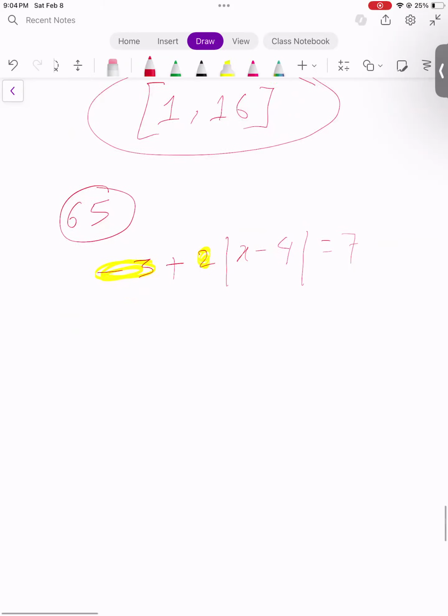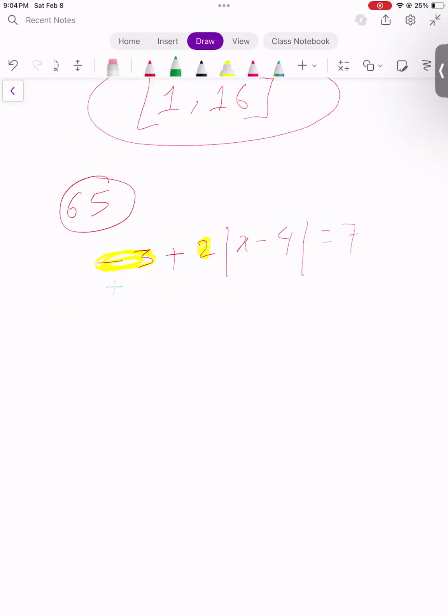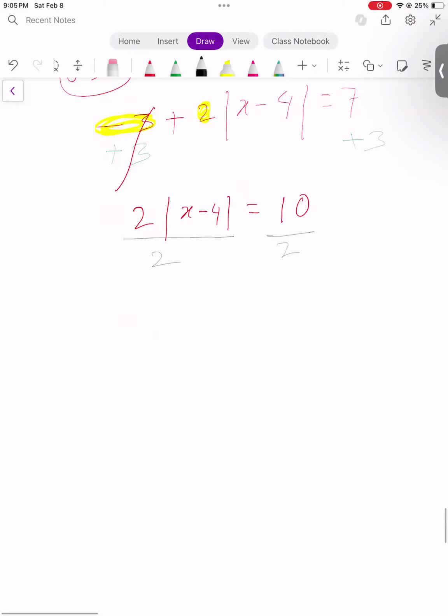To get rid of -3, you add 3 on both sides. So we have 2 times the absolute value of x minus 4 equals 7 plus 3, which is 10. Now we also have the 2, and we need to get rid of it, so you divide both sides by 2.